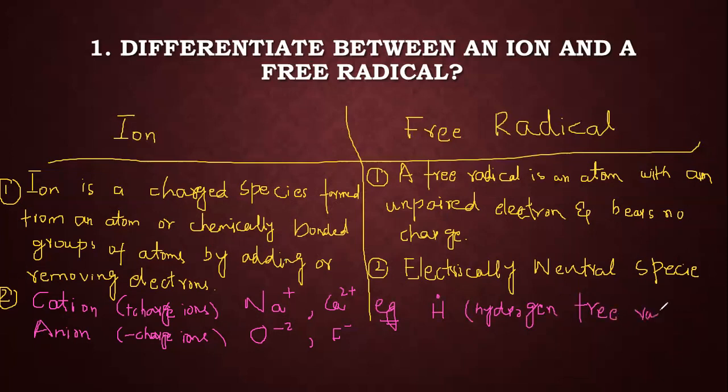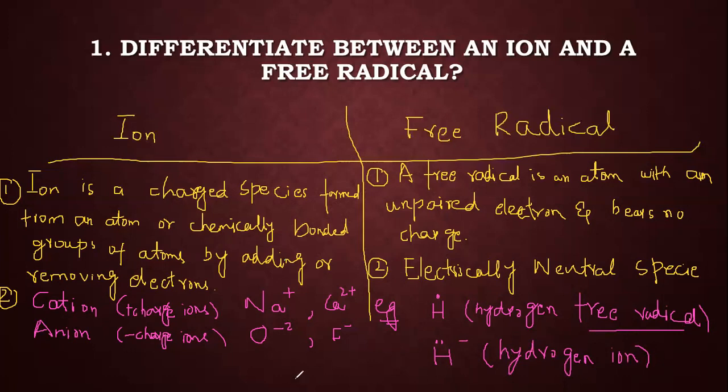When it takes one electron to complete its outermost shell, so it completes its duplet, it has a negative charge. Now this free radical is converted into an ion, so it's a hydrogen ion. So these are the basic differences between an ion and a free radical.